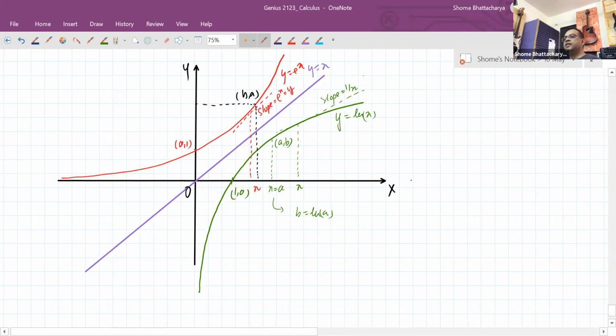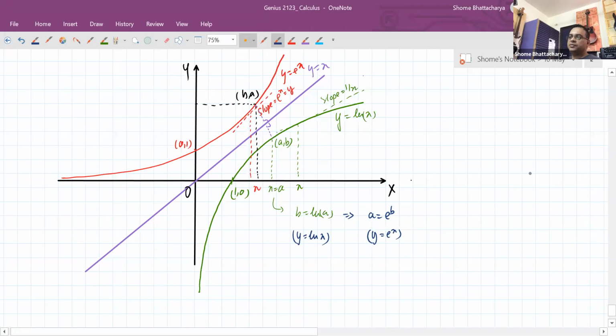So you can see they are a reflection of each other with respect to the line y equal to x, like a mirror image, these two points (a, b) and (b, a), because this implies that a is equal to e to the power b. So they're inverse of each other. That is a comparison of these two graphs.